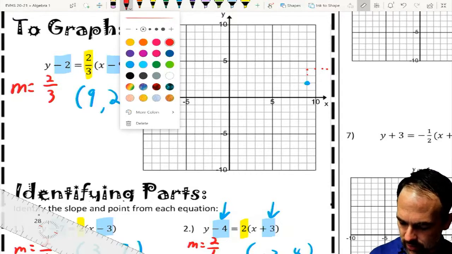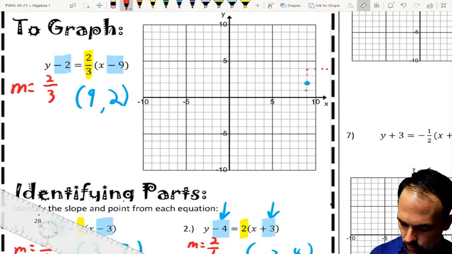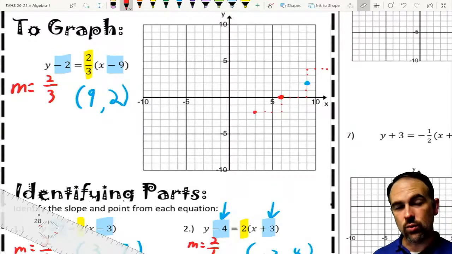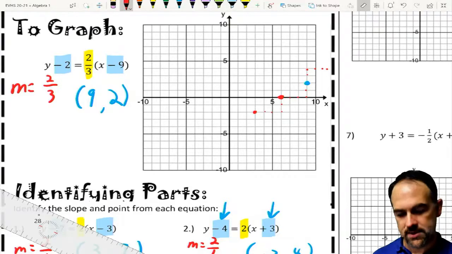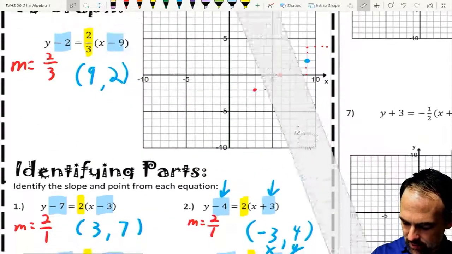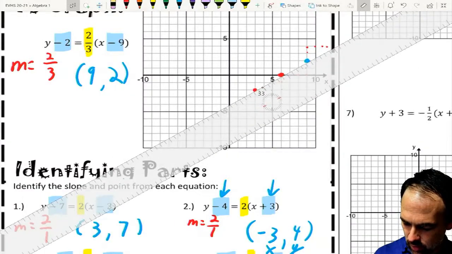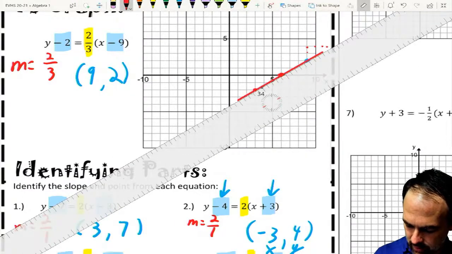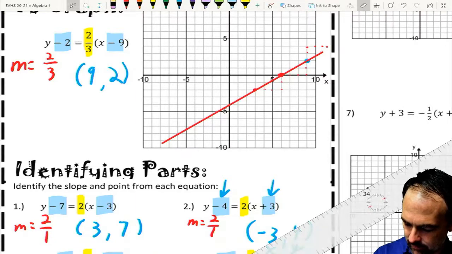We're going to, again, rise 2 and run 1, 2, 3. Rise 2, run 1, 2, 3. Now, again, it might feel weird going down 2 for a rise, but as long as your line is trending up and it shows a positive slope, then you are okay. So there is my line.